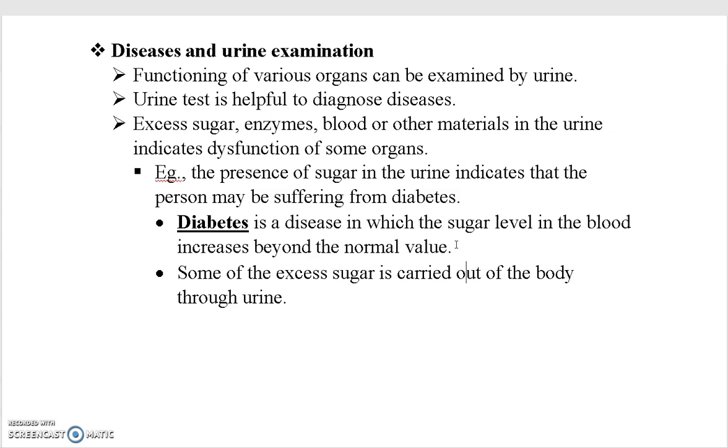So because of this function of urine, of getting the excess sugar out of our body, doctors can find out the level of sugar in the urine. So with the help of a urine test, doctors can find out the presence of sugar.